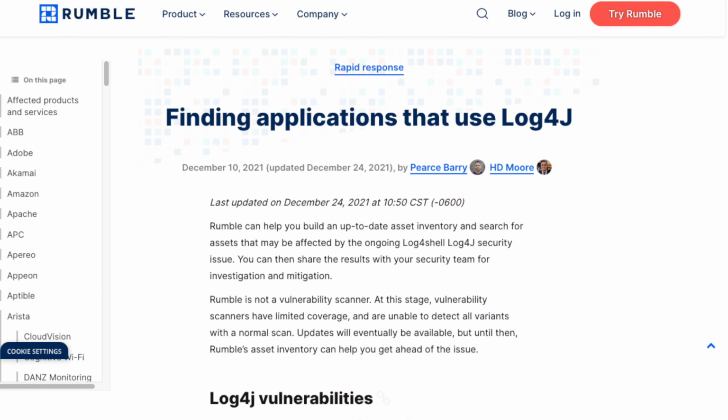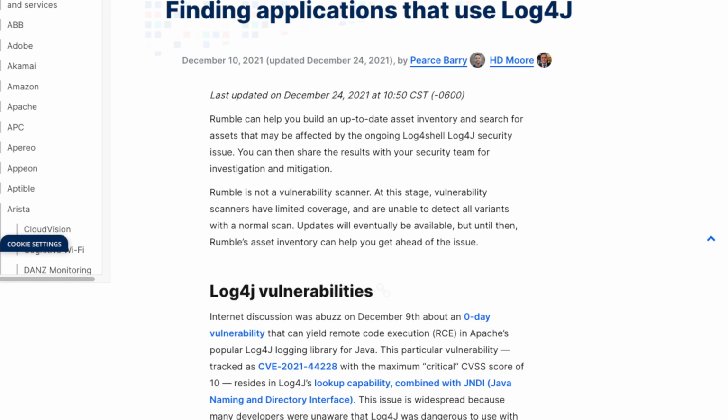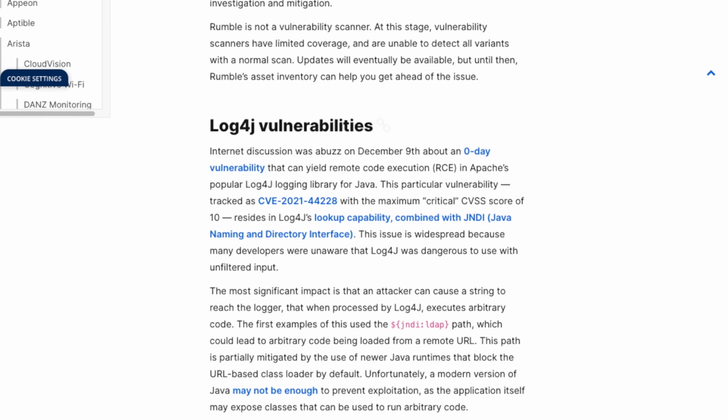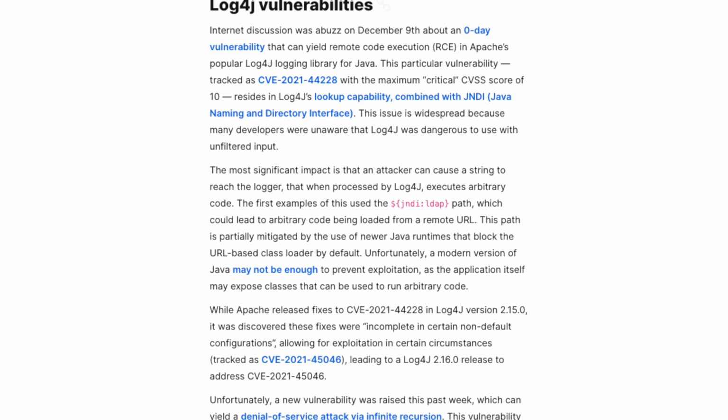So as a business owner, what should you be doing now? Well, because Log4J is open source software, it's used by so many different applications that we use. So it's down to your IT team to identify those applications and double down on its patching. Make sure all the latest patches are installed on everything within your business, and then you should be okay.